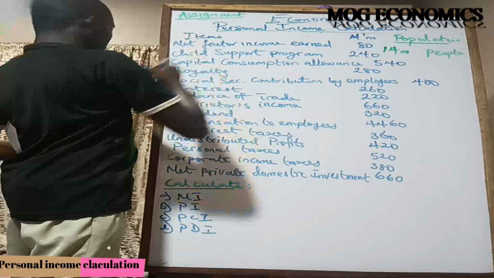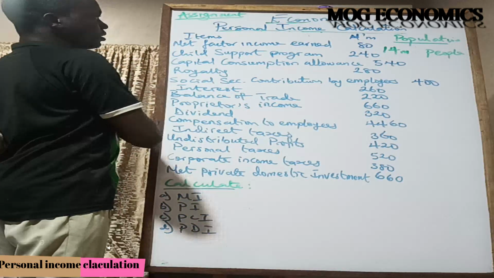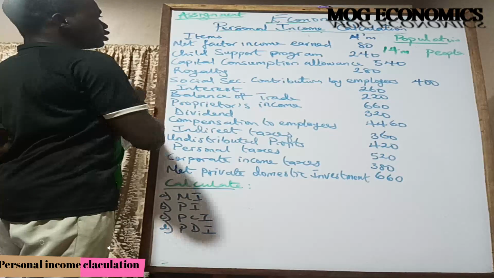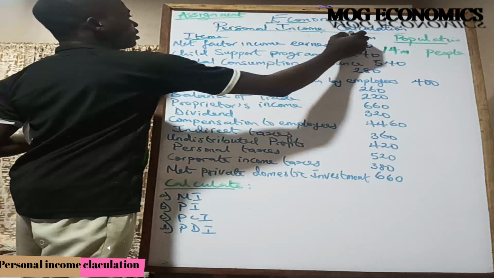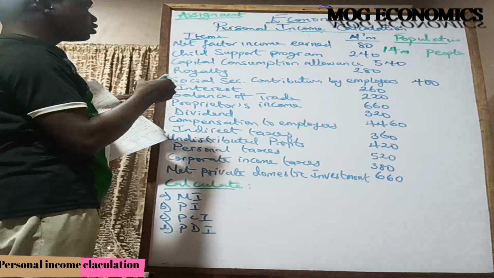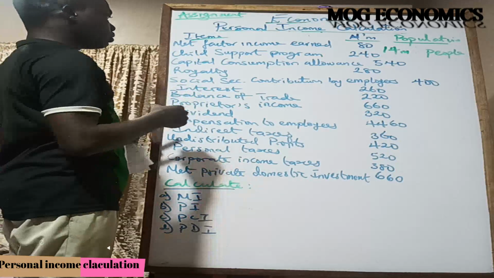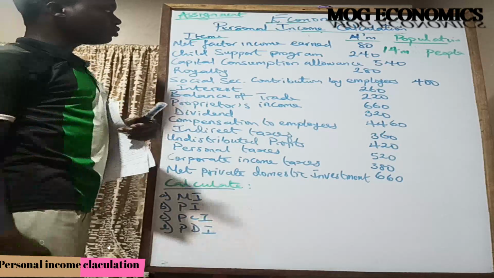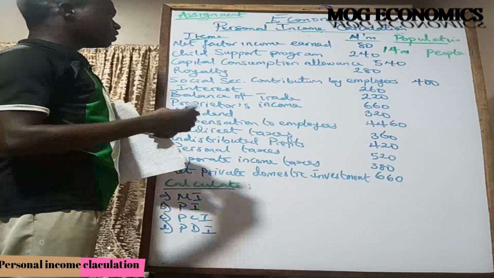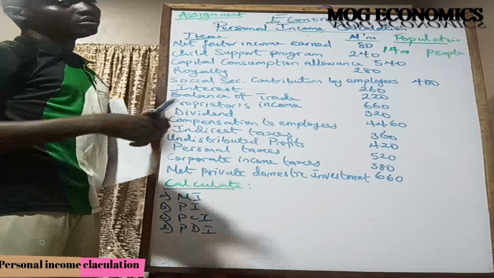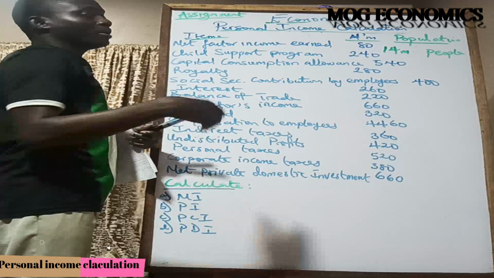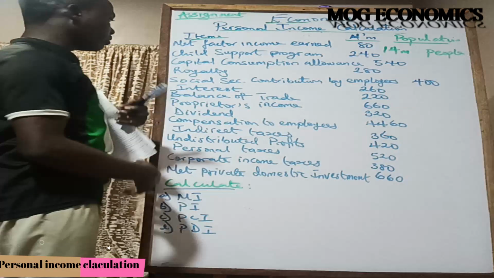So we have the following items. Net factor income earned is 80. Child support program 240, capital consumption allowance 540, royalty is 280, social security contribution by employers 400, interest is 260, balance of trade. So it's up to you to go and find out what balance of trade is if you don't know that already.